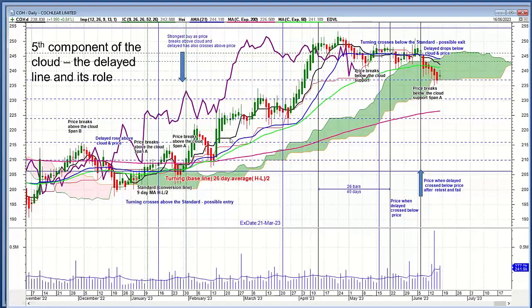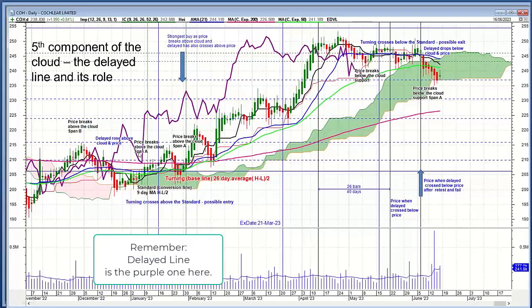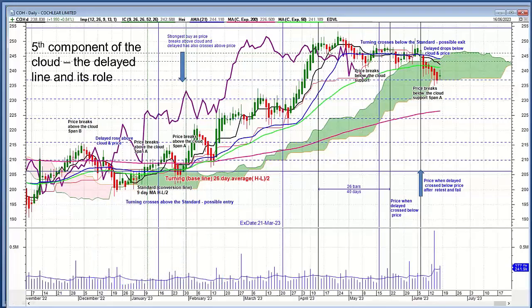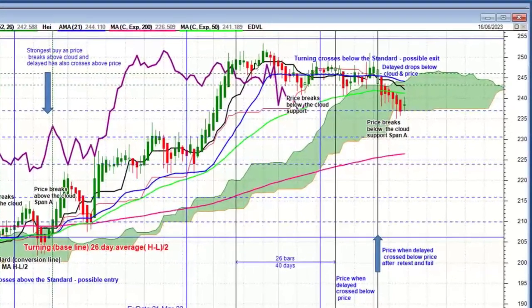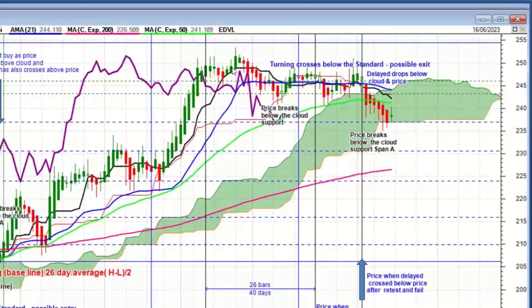And the fifth component, and I know this is messy, but I wanted to show you in context, is the delayed line. Now the delayed, when it's above the price, as in here, shows that there's reasonable momentum, and as the momentum weakens, here, you'll notice that the delayed starts to enter the price area. When the delayed drops below the price, you'll find that the trend weakens and it often reverses when that happens.